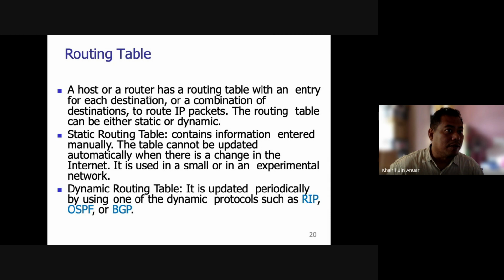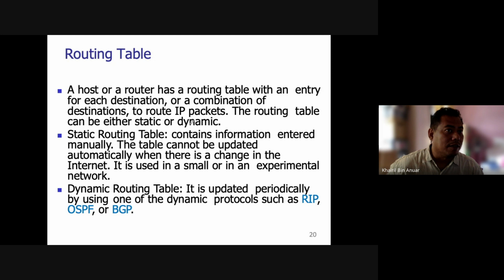So a host or router has a routing table with an entry for each destination or combination of destinations to the IP route, and the routing table can either be static or dynamic. Static, for instance, is what you define when you do Packet Tracer.